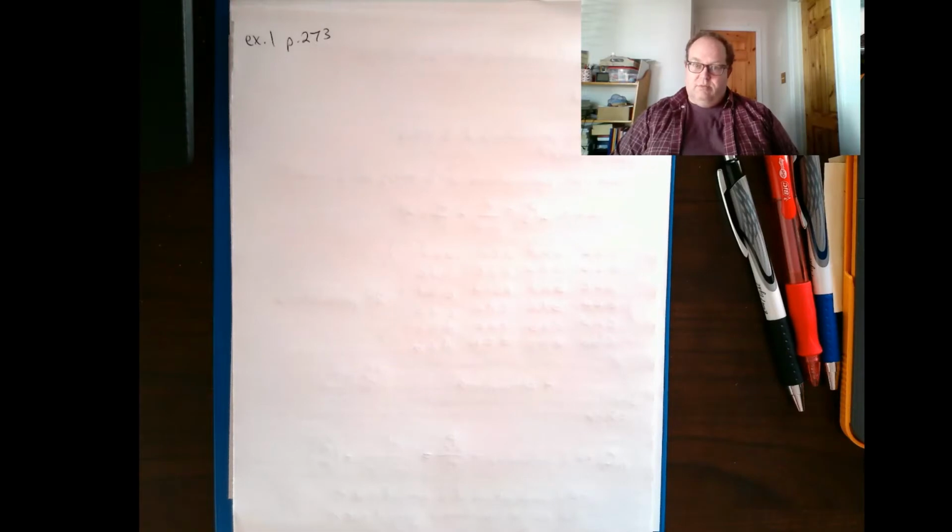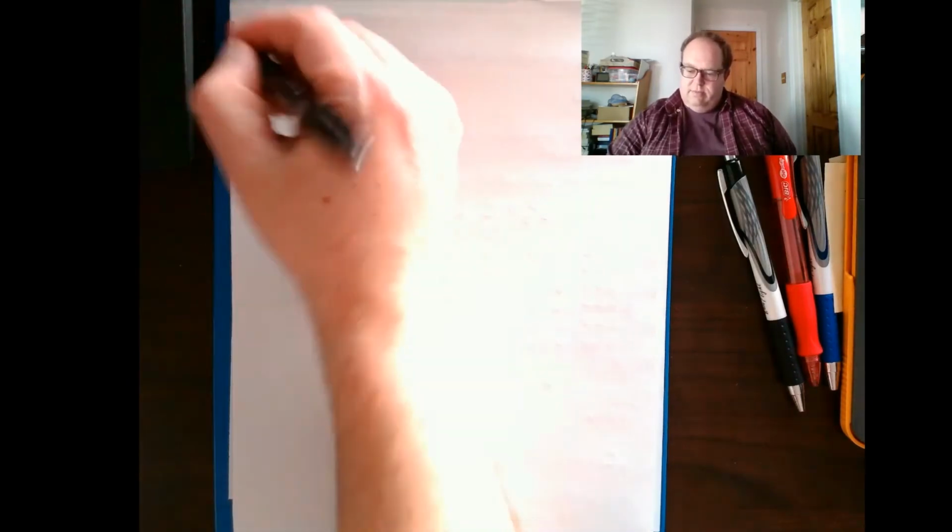If the order does matter, you're dealing with permutations. If the order doesn't matter, you're dealing with combinations. So in this case, it doesn't really matter the order that I choose the 3 people in. They're still going to make up the same team. So since order doesn't matter, this is a combination question.